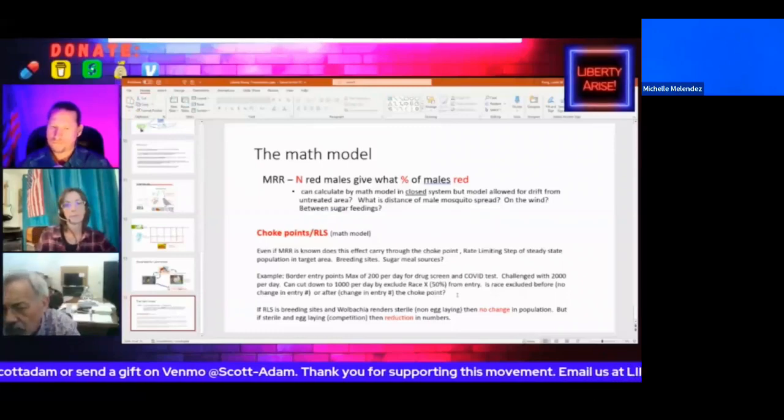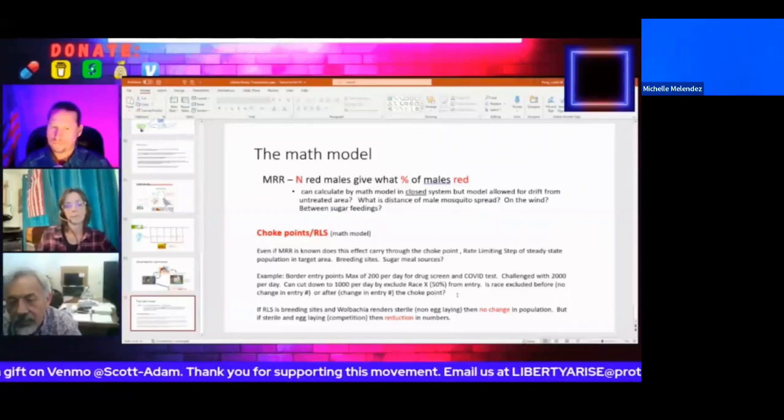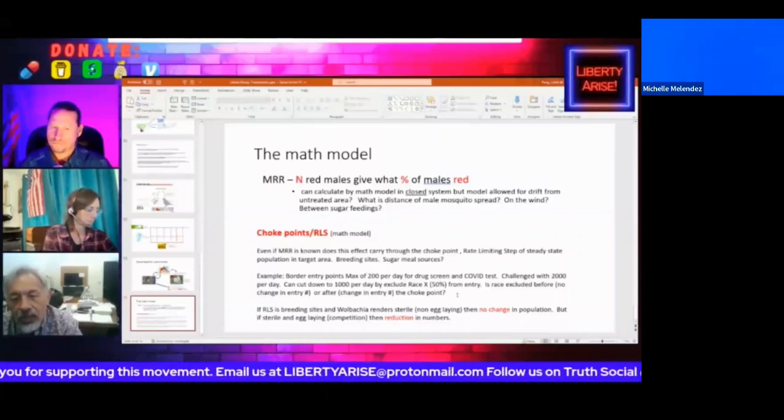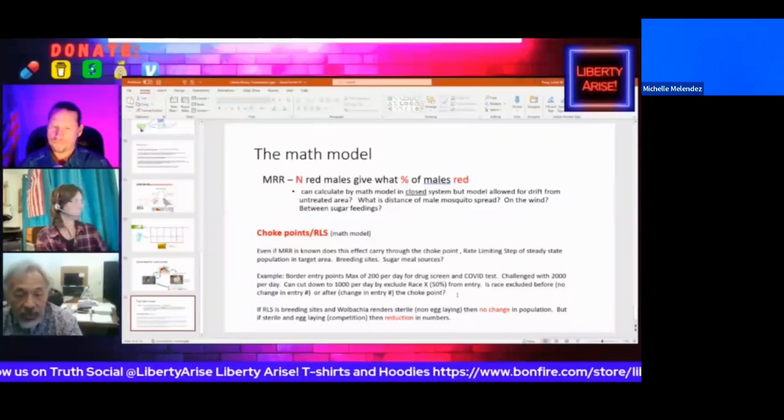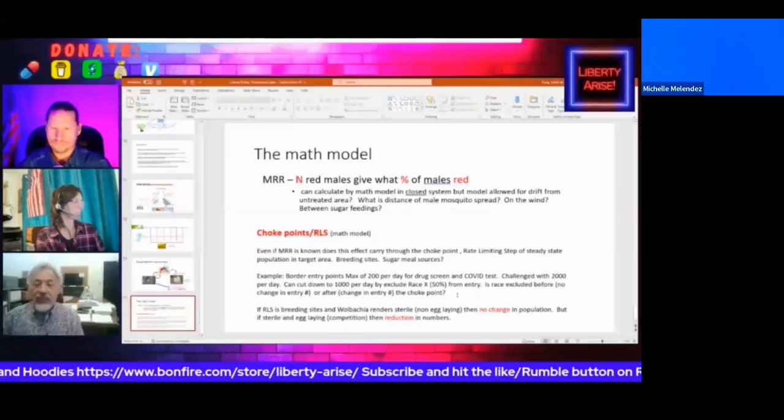So only 1,000 challenge the border, okay? Well, how many is still coming in? Well, it depends on your 200 per day gate, yeah? If you exclude race before they come to the gate, still 200 come in. They just happen to not be of the race. But if half of them got to go, they're the wrong race, then you affected the population.